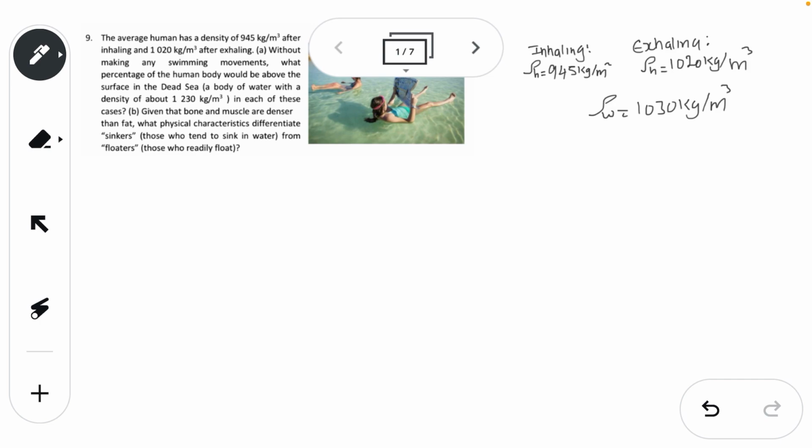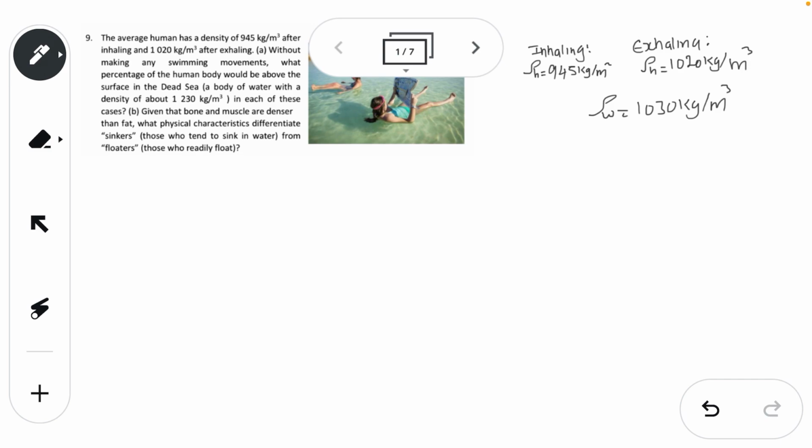If this human is floating, then the weight of this human is equal to the upward force exerted on the human by the fluid. We want to find how much of this human's body remains above the surface of the water.